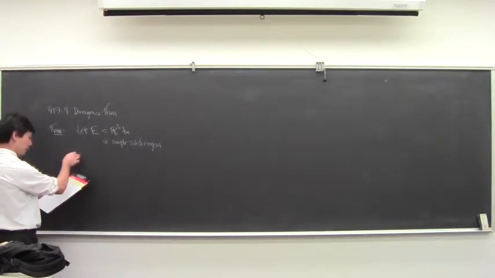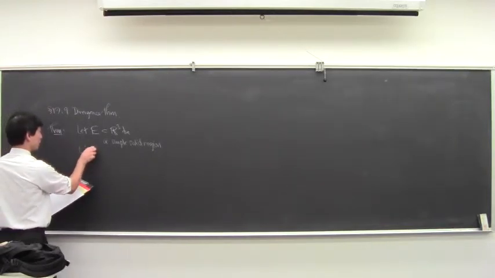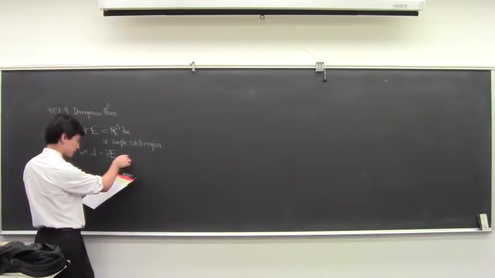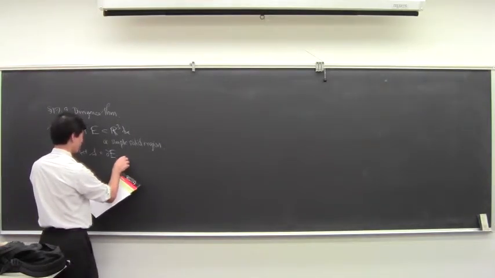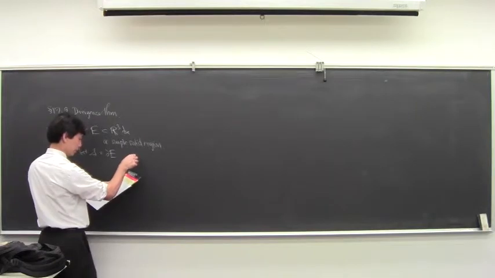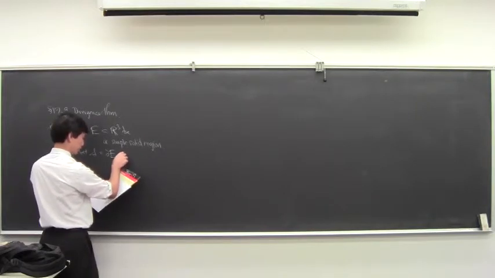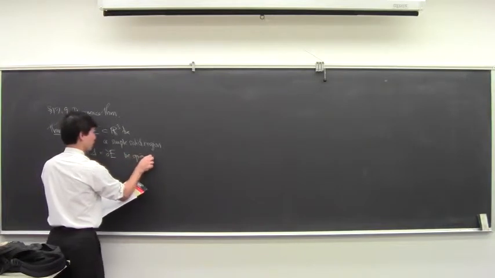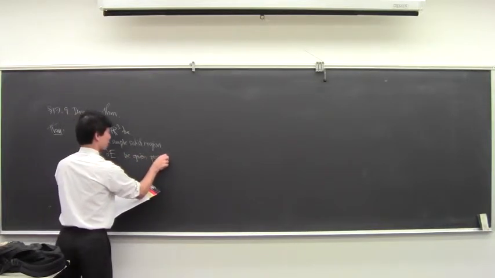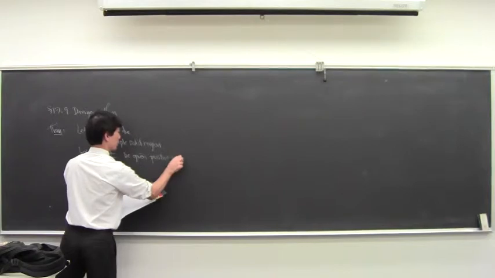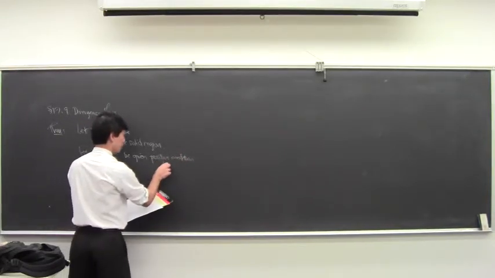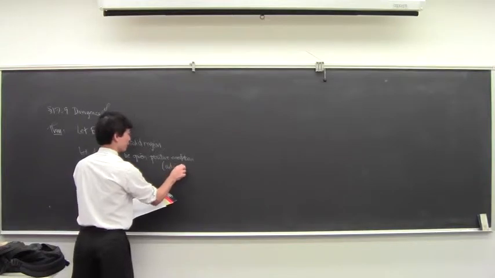And let S be the boundary of E, given a positive orientation. So that's, you will have an outward unit normal.